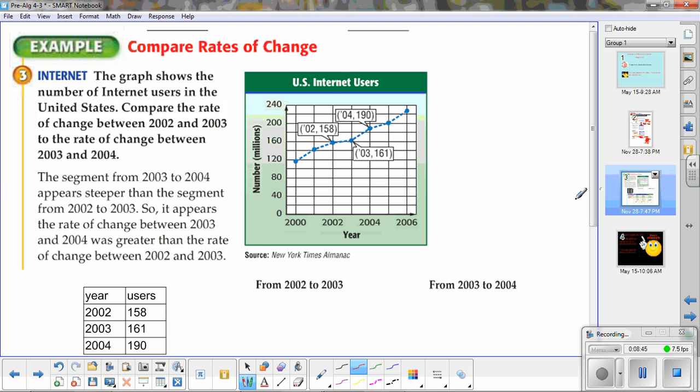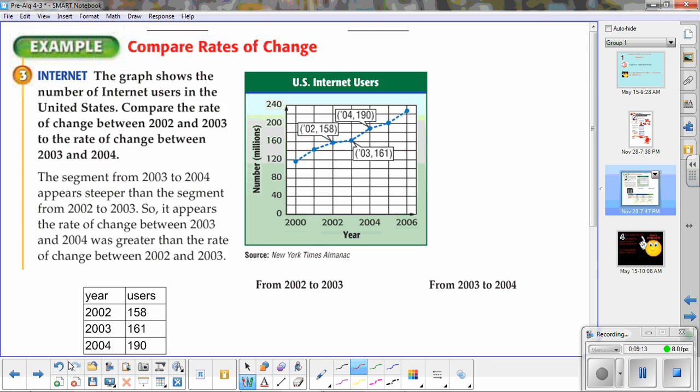Example 3, comparing rates of change. It says the graph shows the number of internet users in the United States. Compare the rate of change between 2002 and 2003 to the rate of change between 2003 and 2004. Well, in 2002, there were 158 users, in 2003, there were 161, and in 2004, it was 190.